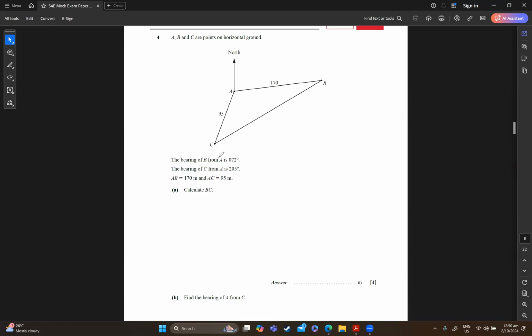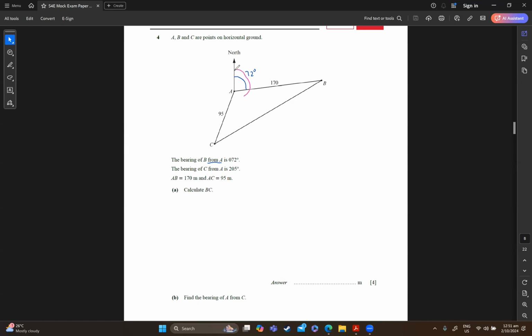Okay, so before I do that, let's look at the bearing. The bearing of B from A is 72. So they say from A, right? So A is a reference point. You go clockwise all the way till you reach the direction of B. So that's 72 degrees. Next, the bearing of C from A. So again, A is a reference point.